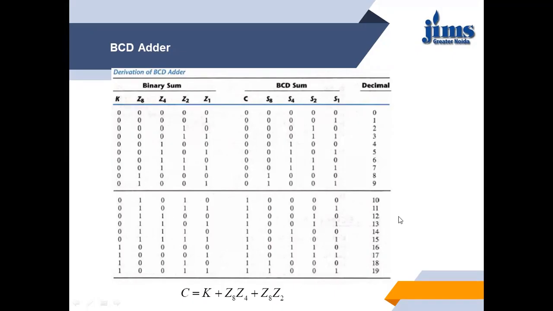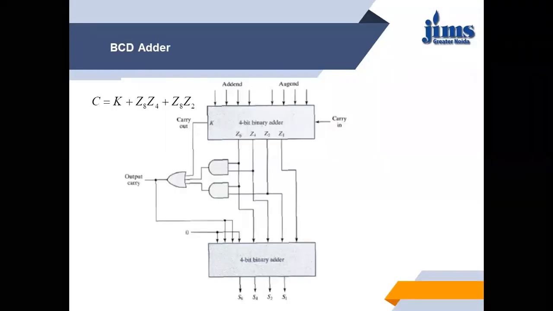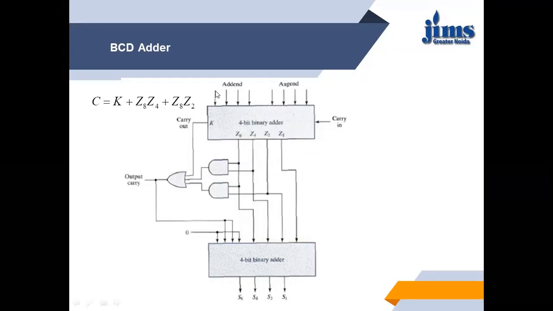Using the same concept, we can design the circuit for the BCD adder, with C equal to K plus Z8 Z4 plus Z8 Z2. Now here is the circuit. Here we have number A and number B, 4-bit BCD numbers.